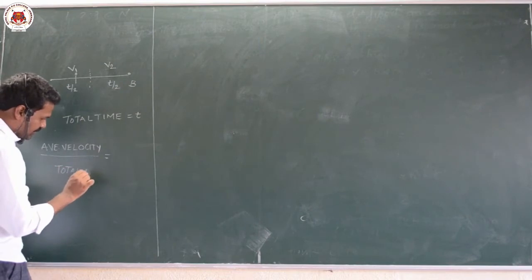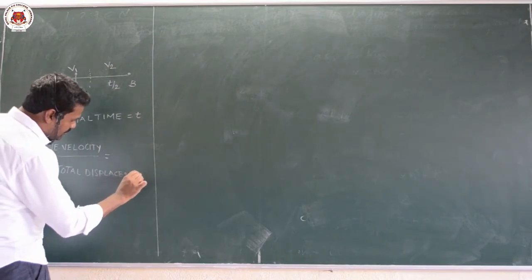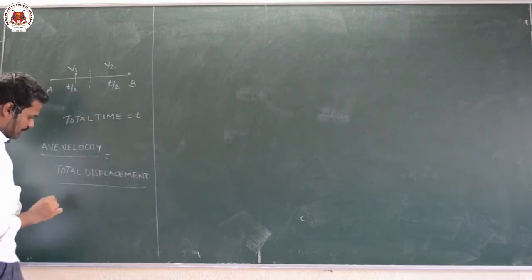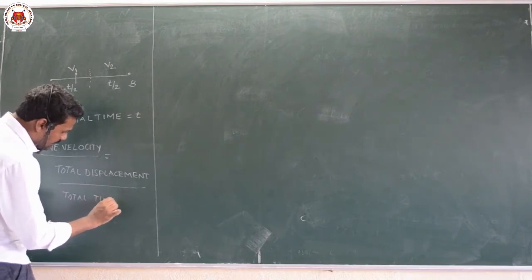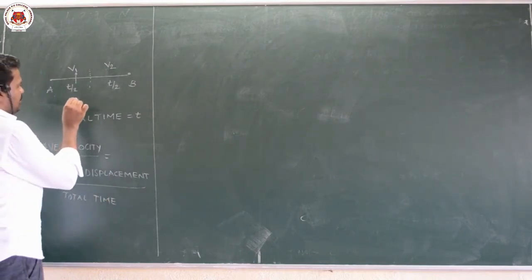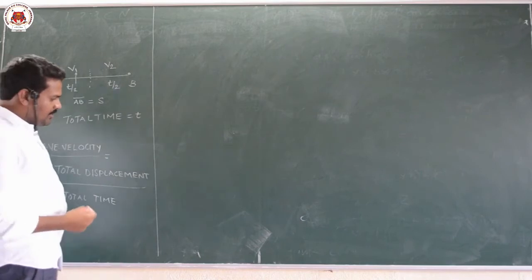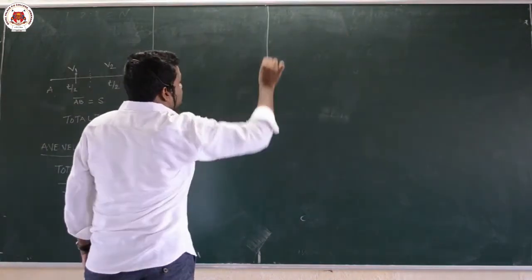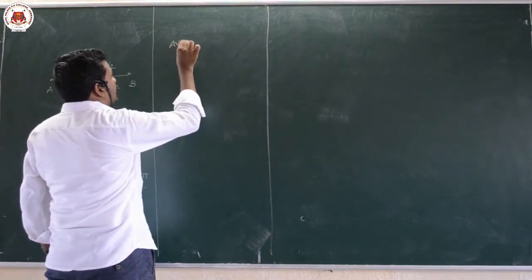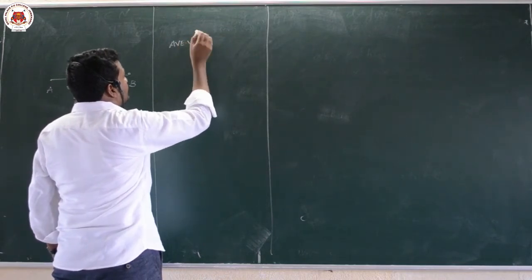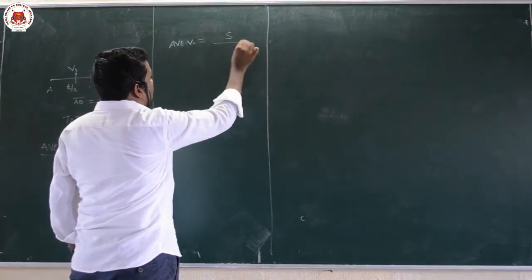Now let us take the displacement between A and B. We will take it as S. So according to the definition, average velocity is equal to total displacement, which is S, by total time, which is t.